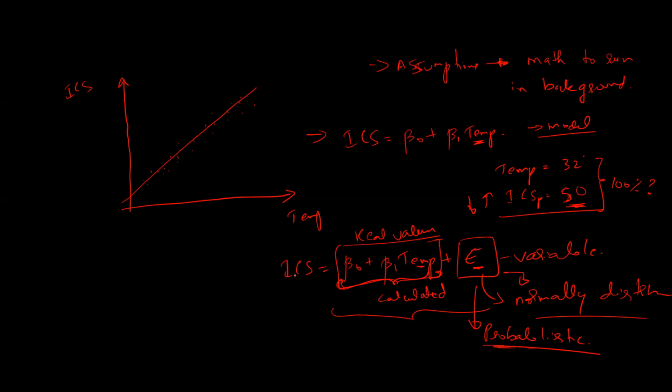So in this equation, the temperature is known to us. Beta 0 and beta 1 are calculated, correct? So if the error is normally distributed, that means ice cream sales is also normally distributed, correct? You guys agree with me?